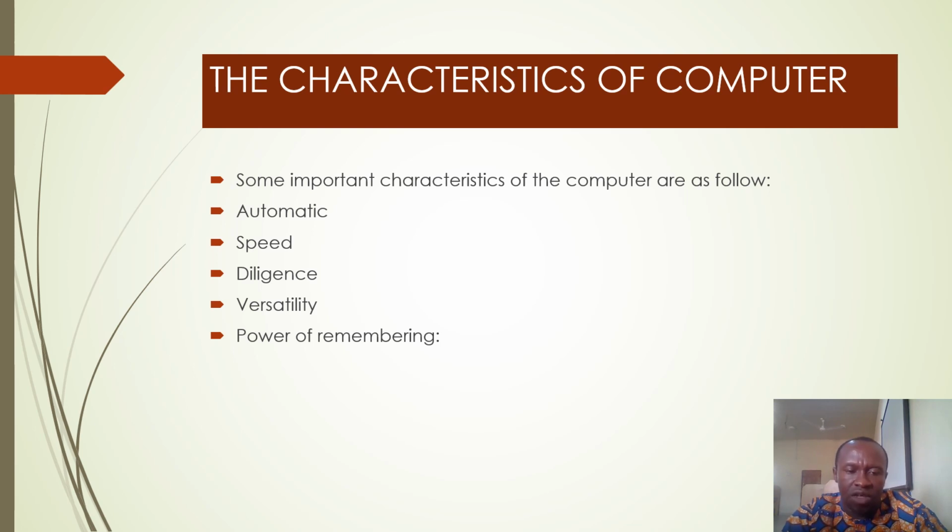Then we have versatility. A computer is a versatile system and can perform different tasks at the same time. You can be sending mail, you can be editing information in Word, you can also be drawing.